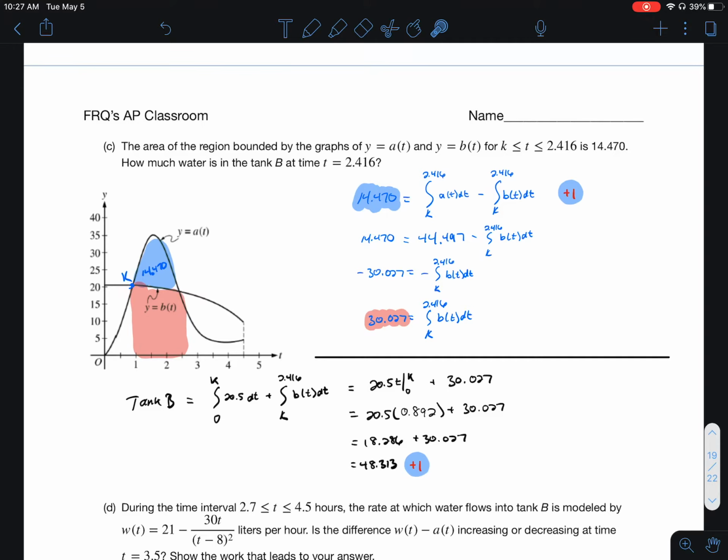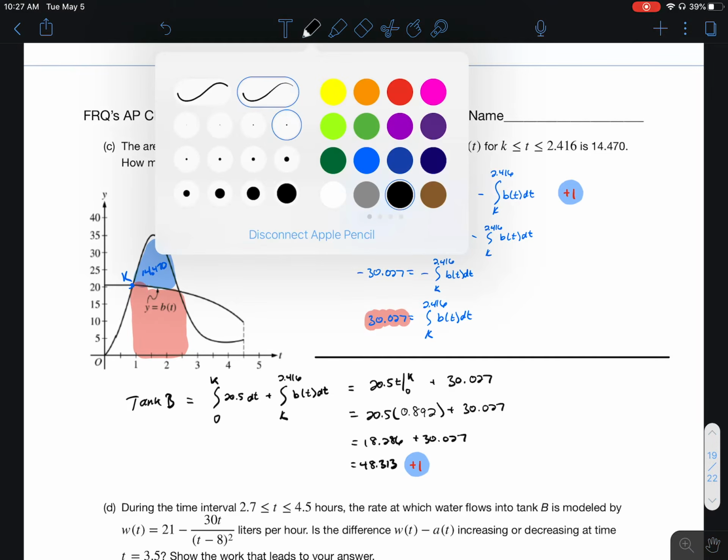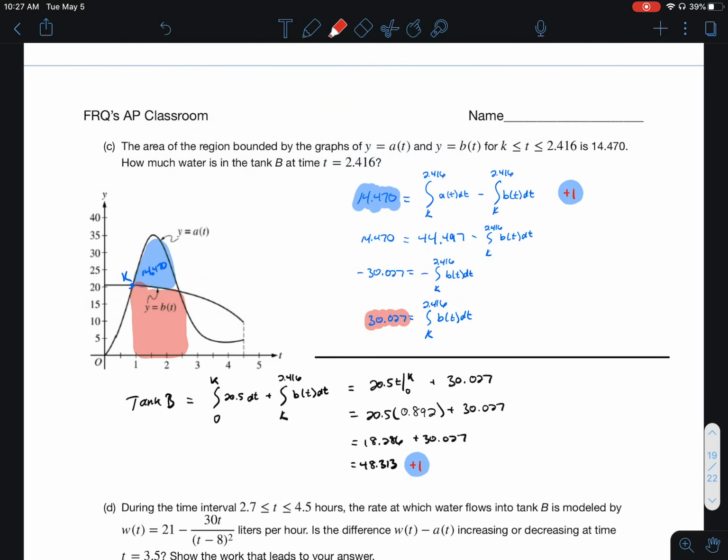So then we are supposed to get the rest of this area. Let me color code the rest of this area. We want the green and the red area because that represents the area under curve B from 0 to 2.416.